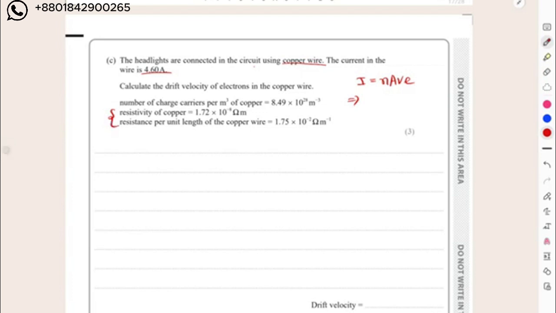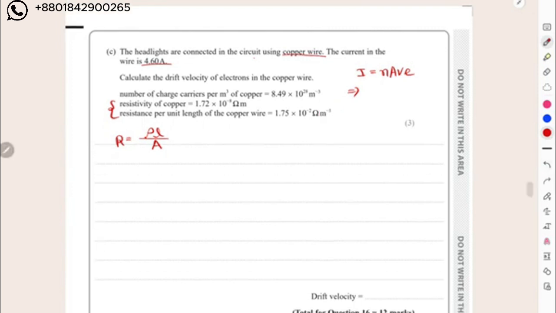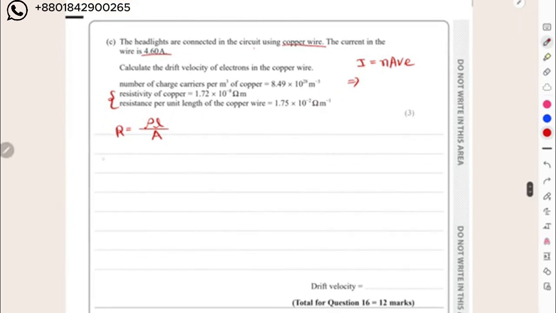So in this case, you have to use the equation of resistivity also, which was resistance equals resistivity times length over area. Over here you're using a length of 1 meter, if I'm not wrong. Right, this is for 1 meter, so that's correct. We just have to make A the subject, which is resistivity times length over resistance.